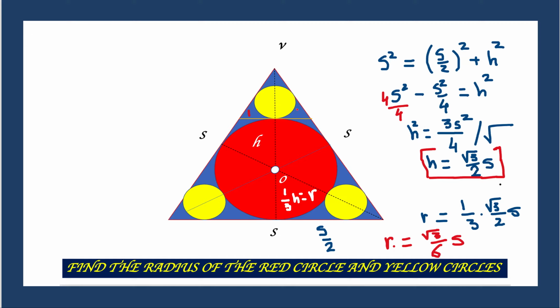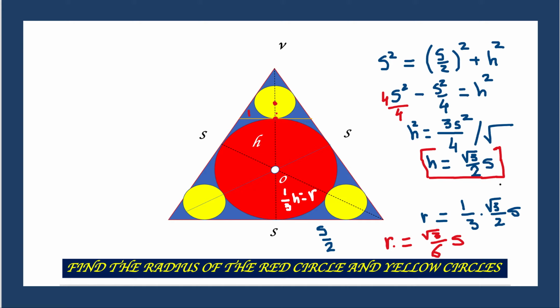Because this is 60 degrees and the small triangle has 60 degrees, all three angles are equal, which means the small triangle is an equilateral triangle too. So according to the same logic, the distance from this position to here is 1/3 of the whole altitude of the small triangle.